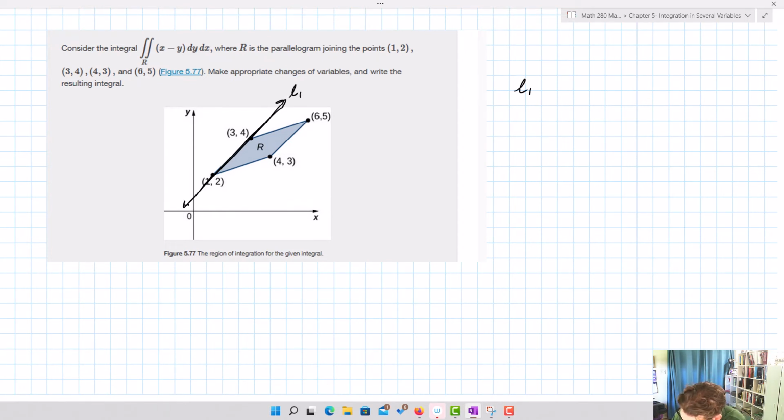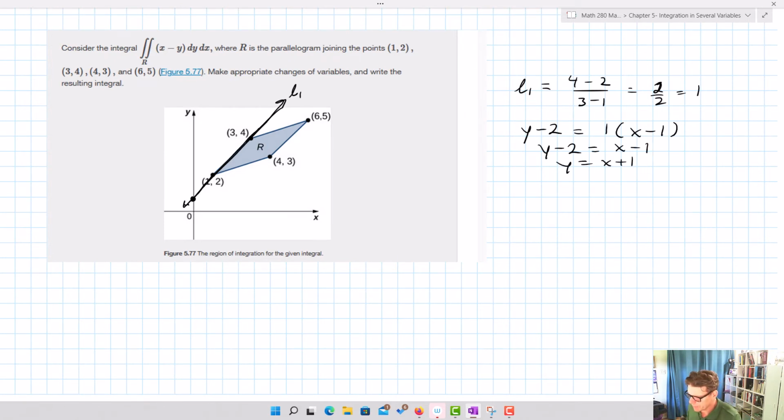L1, or that first side, has slope 4 minus 2 over 3 minus 1, which equals 2 over 2, which equals 1. So it's going to have a slope of 1. We'll plug it in: y minus 2 equals 1 times x minus 1. So y minus 2 equals x minus 1, so y equals x plus 1.